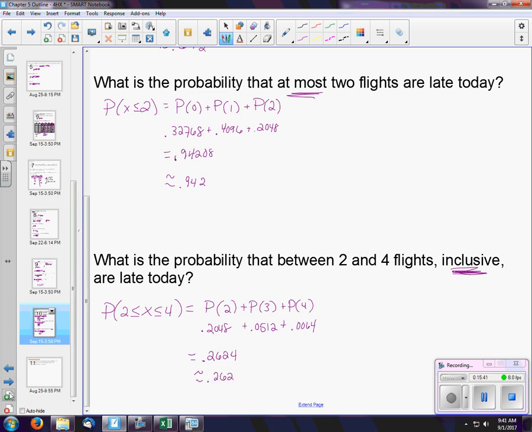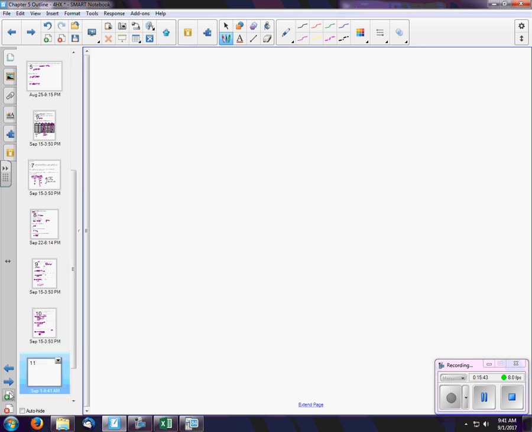So the final statement here is, how does this come full circle? How does a binomial probability distribution fit into the category of probability distributions in general? Well, if you wanted a probability distribution, let's say x is equal to the number of late flights. We said that there can be anywhere between 0 all the way up to 5 flights, because there are 5 flights daily. And we found out the probability of a lot of those things happening.